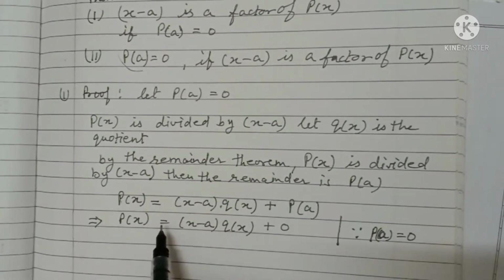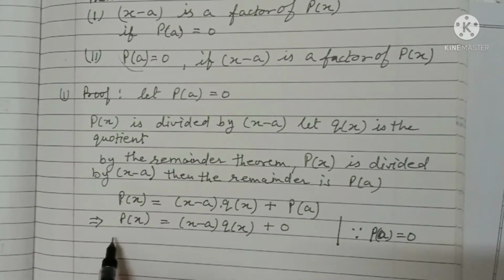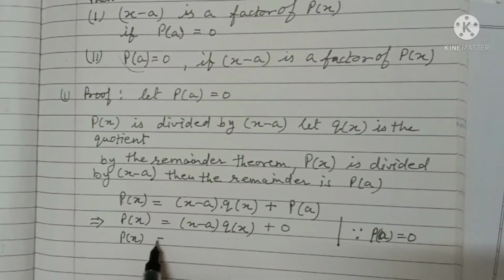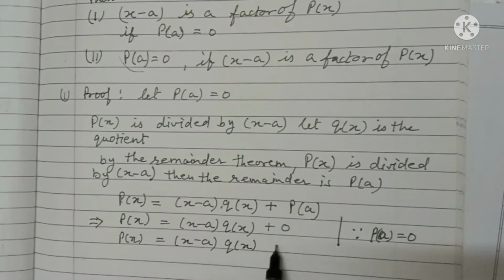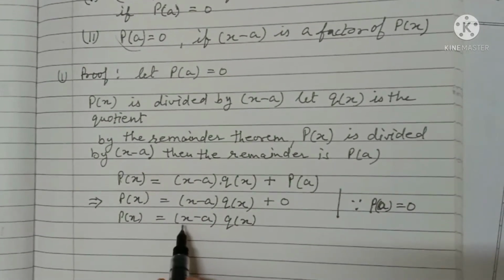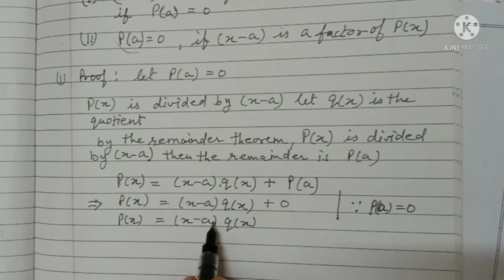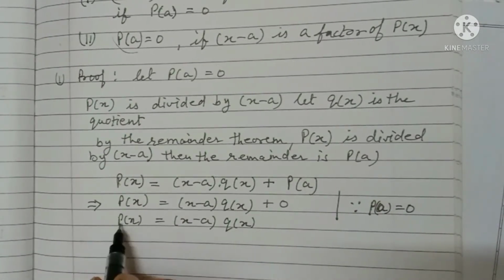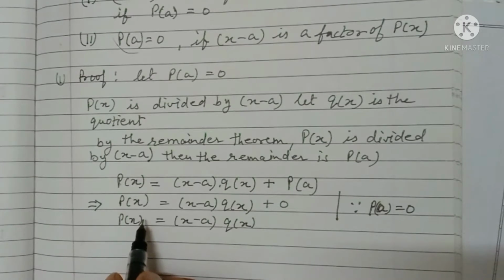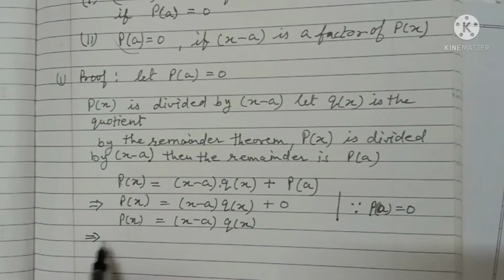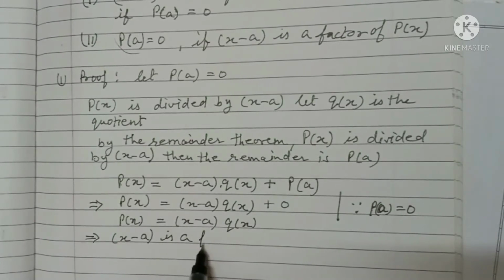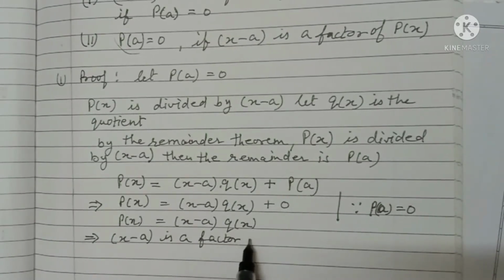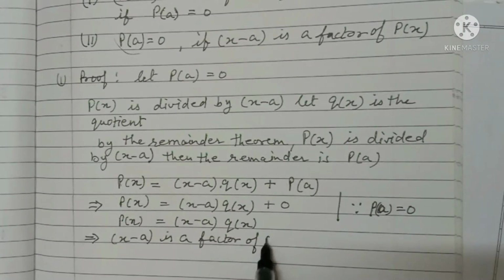Now this implies p(x) is equal to (x minus a) q(x). No remainder is there. It shows that x minus a is a factor of the polynomial p(x).